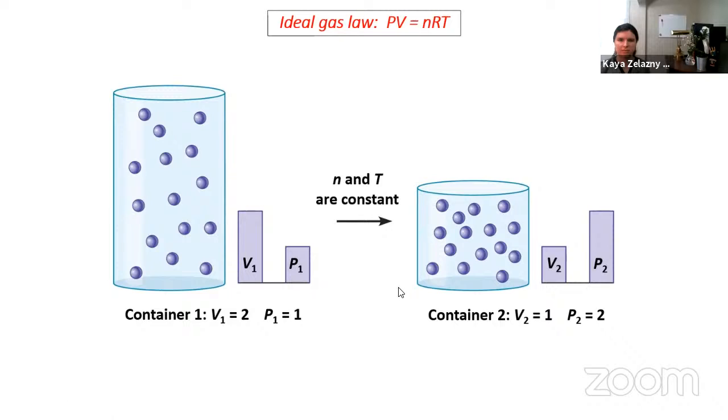But if we were to change the amount of air inside, we said that PV equals nRT can be rearranged such that P equals nRT divided by V. So one thing we can get from this is that pressure is inversely related to volume.